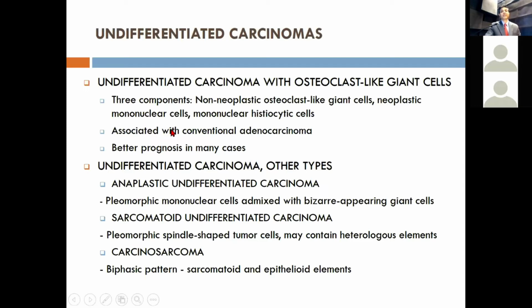In many cases, they are associated with a conventional adenocarcinoma component, which we saw also in our case. The undifferentiated types are highly aggressive tumors. They have overlapping morphologies and can be classified into the anaplastic type, which we just saw, the sarcomatoid type, or the carcinosarcoma.